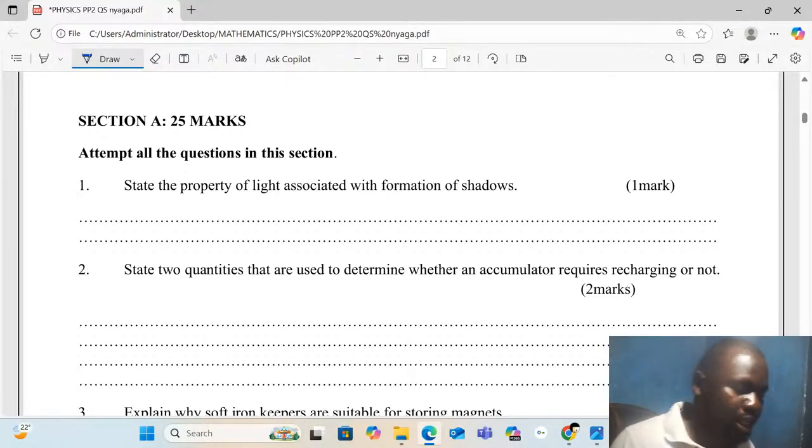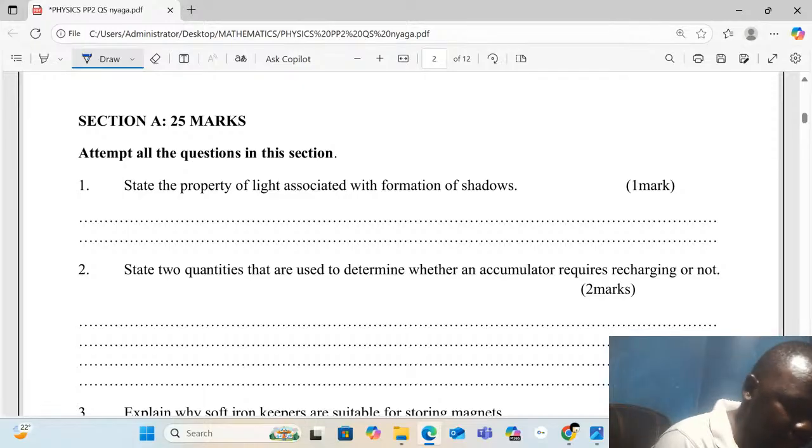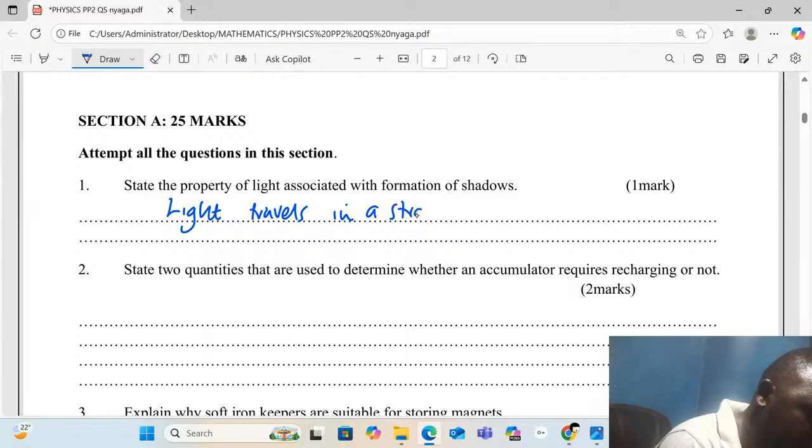A shadow will be formed when a light path is blocked by an object, and this tells us that light travels in a straight line. So the property is that light travels in a straight line.